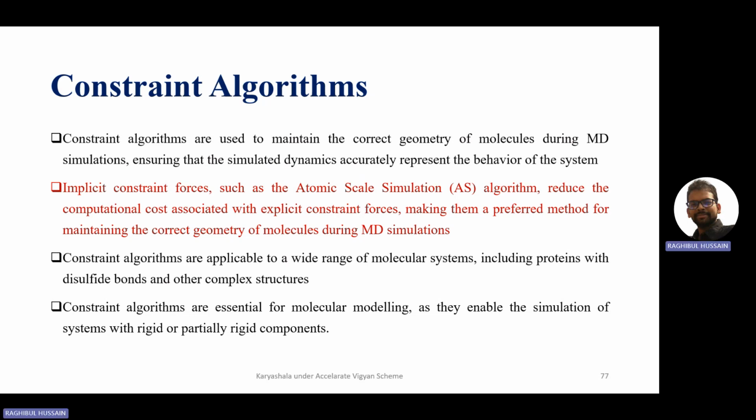There are implicit constraint forces, such as in atomic scale simulation, which reduce the computational cost associated with explicit constraint forces, making them the preferred method for maintaining the correct geometry during MD simulation. It is applicable to a wide range of molecular systems. Again, these algorithms are essential for molecular modeling.